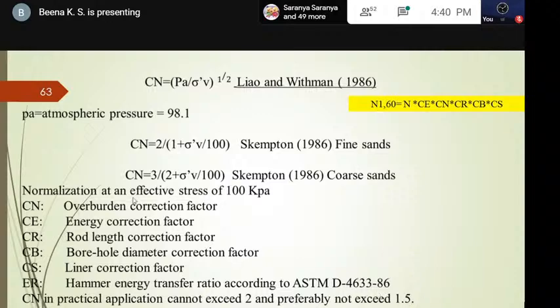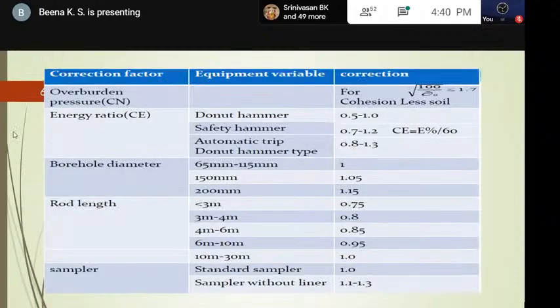So as we said earlier, these are the different parameters which create losses or affect the value of the N. Here we have a chart from which we can have an approximate range of all these correction factors.